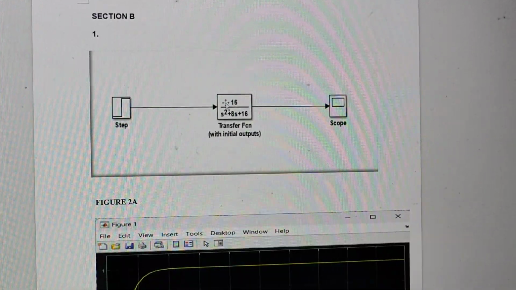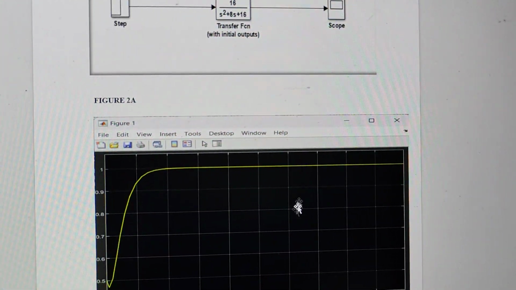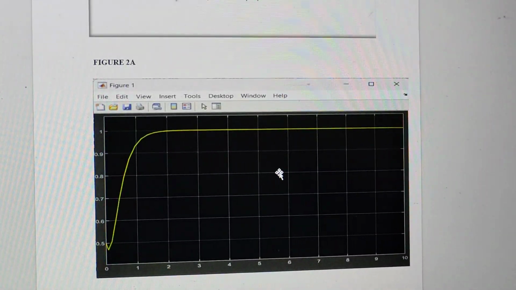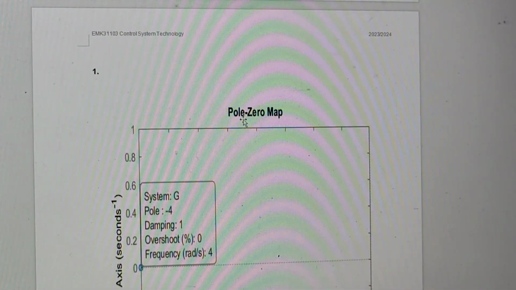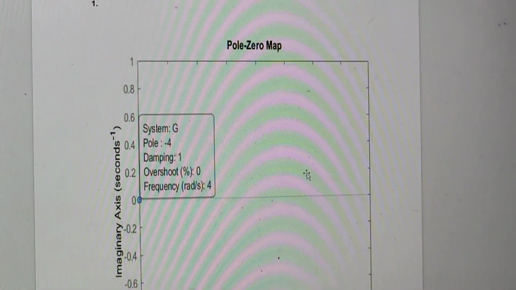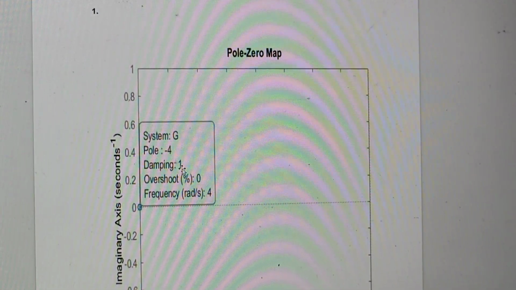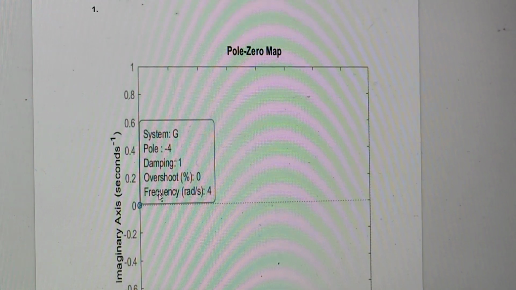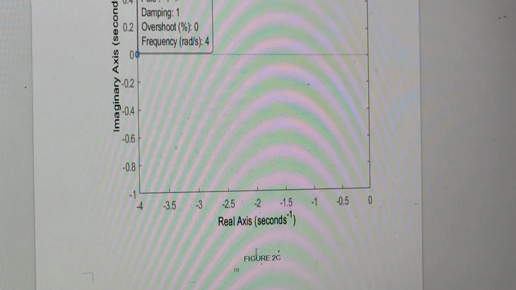For section B, this is the question and this is the figure model, and this is the pole zero map, where the pole is -4, damping is 1, overshoot is 0 and frequency is 4, which is figure 2c.